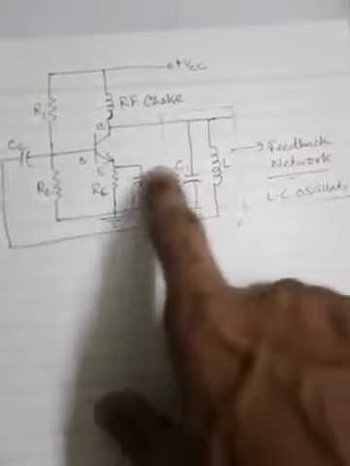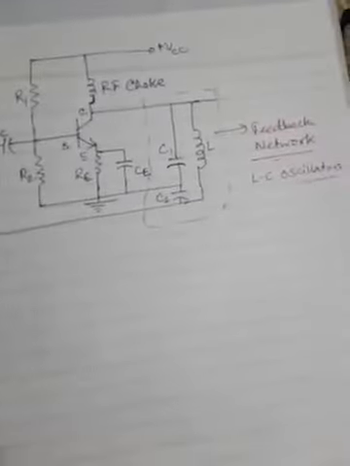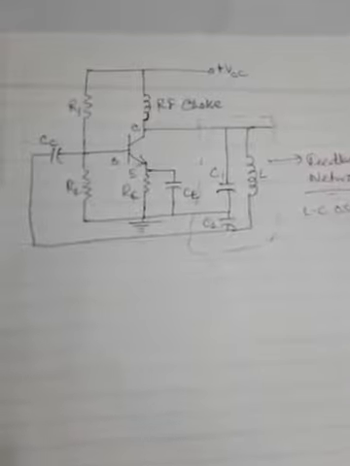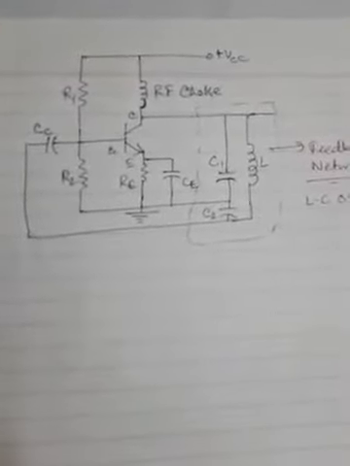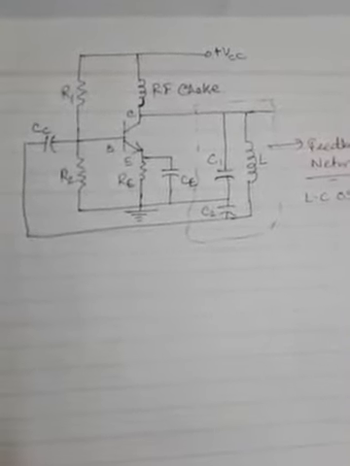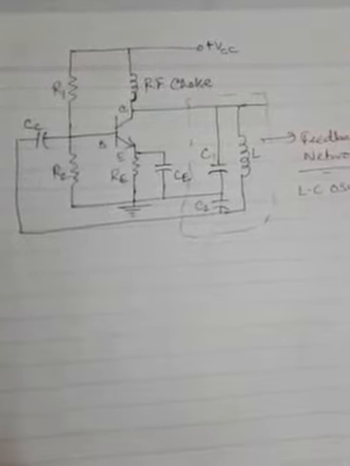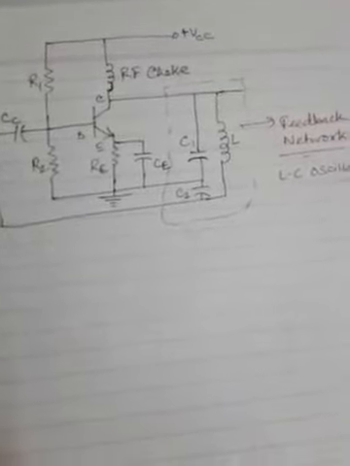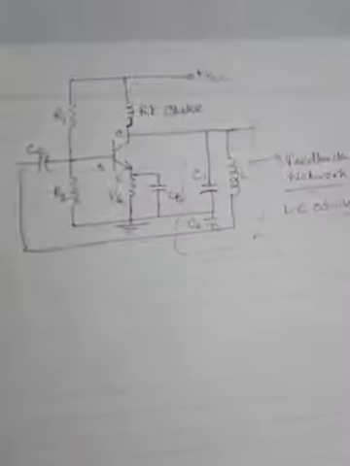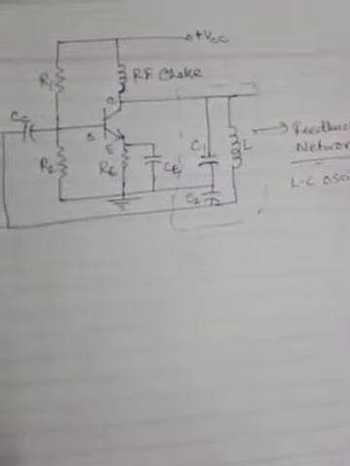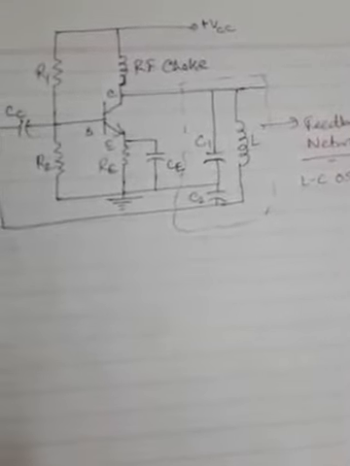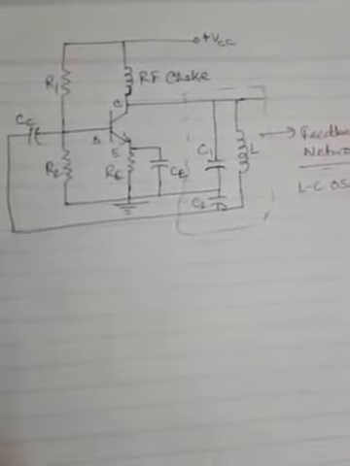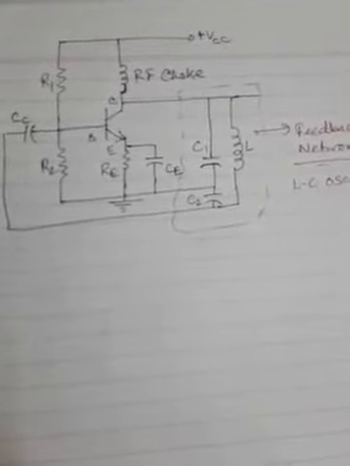And if that voltage is considered as the feedback voltage, it is to be fed back through this coupling capacitor Cc into the base once again. And the feedback voltage is 180 degrees out of phase with the output voltage.